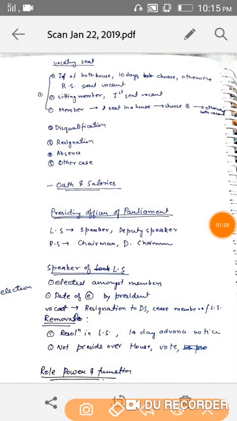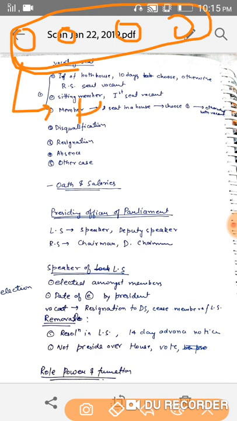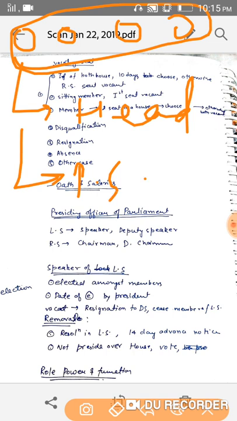Now we look at the role of the Speaker. We need to understand that his position is very honorable, of supreme dignity and authority regarding the constitutional provisions in Parliament, as he is first of all the head of the Lok Sabha. Then he is the principal spokesperson of the House.